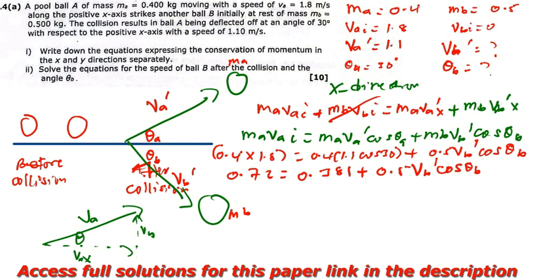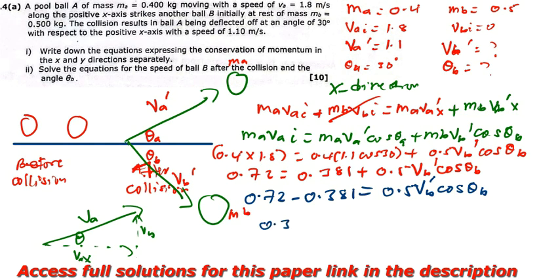Now I'll shift this to the other side, which is going to be 0.72 minus 0.381 being equal to 0.5 VB prime cos theta B. If I do 0.72 minus that one, I'll be able to get 0.3389, which is the same as 0.34, being equal to 0.5 VB prime cos theta B, like that.